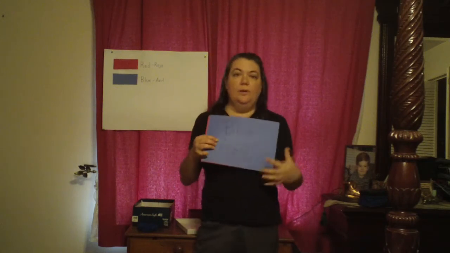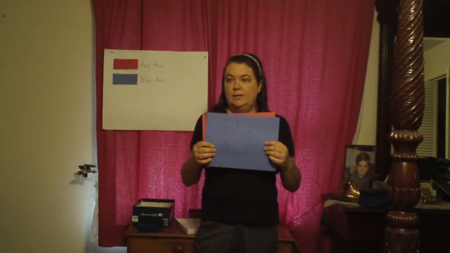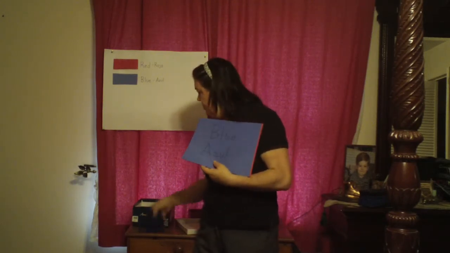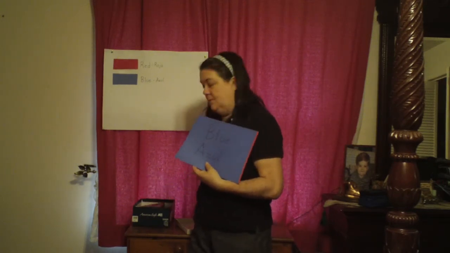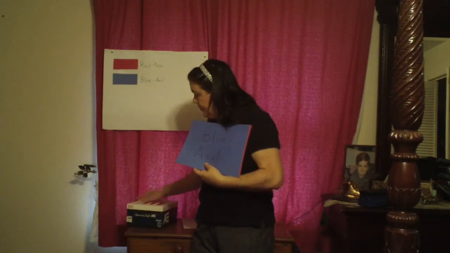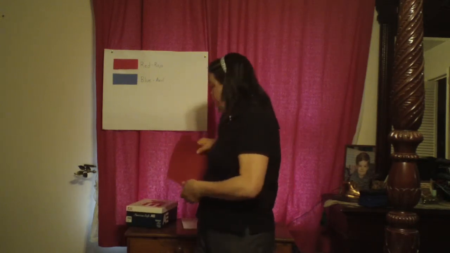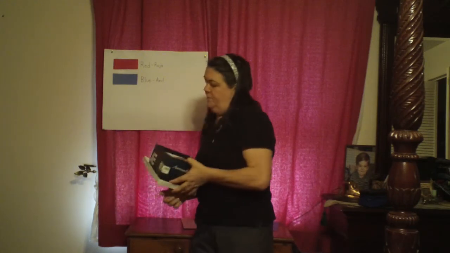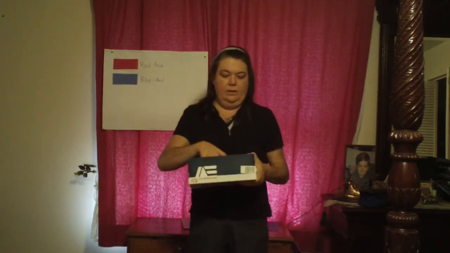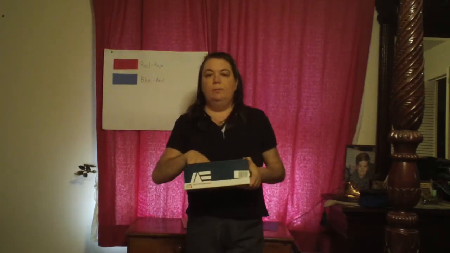Our next thing we're going to do is take this box and I'm going to ask you what the color is. There's more items in this box besides what I just showed you. Okay, class, do you remember what color this box was?